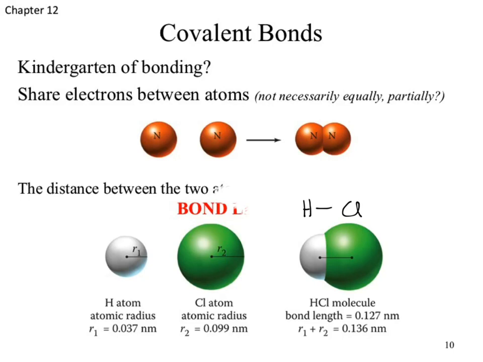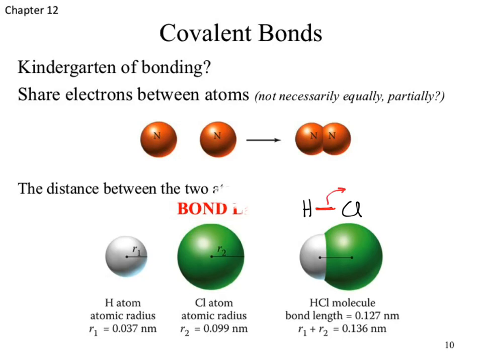If I want to predict something about the reactivity of that molecule, what I will do is look at electronegativity and look at the difference between those. And what I will find is hydrogen's electronegativity is very, very low, and chloride's is very, very high. What does that mean about the electrons in that bond? Where will they spend most of the time?